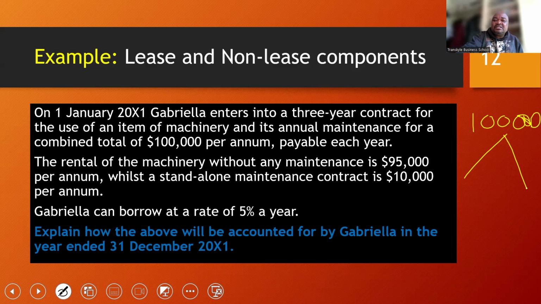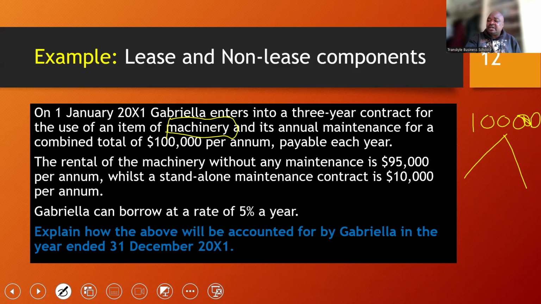The lease, which is the identified asset here, includes the machinery, the item to be used. However, it is to be subjected to annual maintenance, so they go hand in hand. The lease rentals go hand in hand with the maintenance, but we need to separate them for presentation purposes.